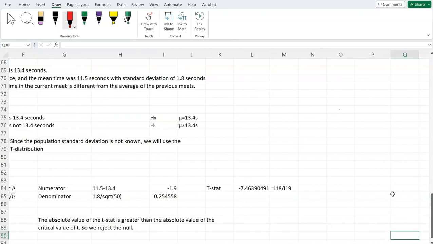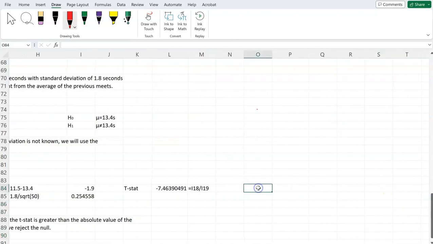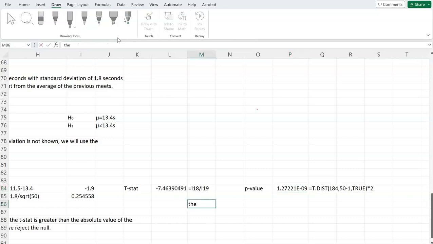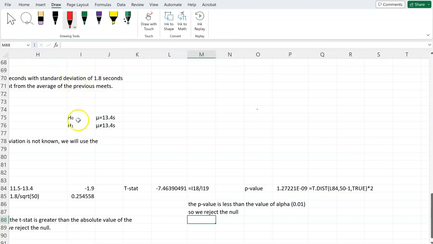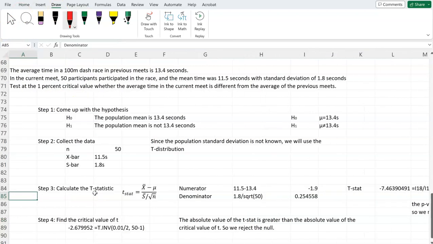Now, if I were to find the p-value, this is my p-value. And here I see that the p-value is less than alpha. So we reject the null. So in either case, as you can see, up to step 3 is the same.